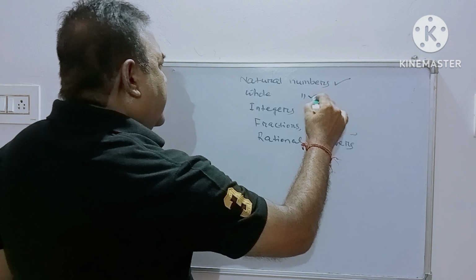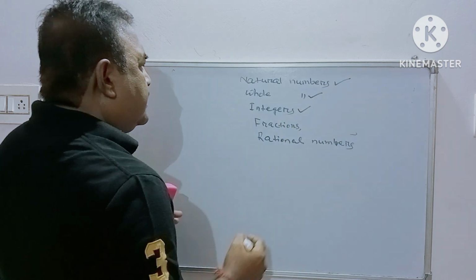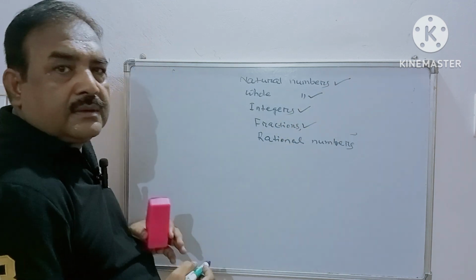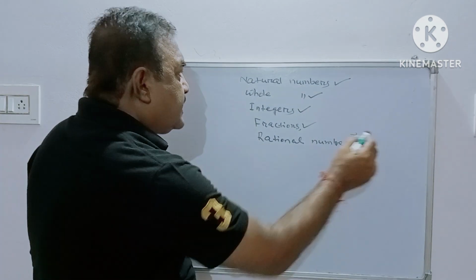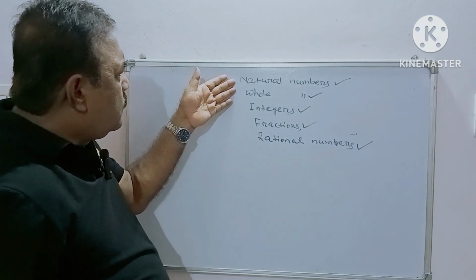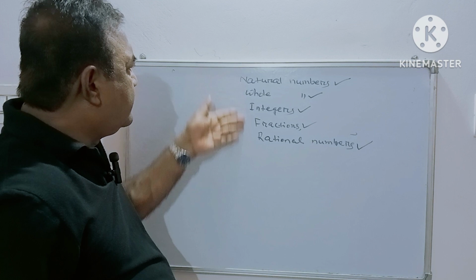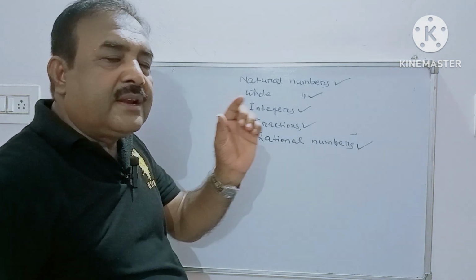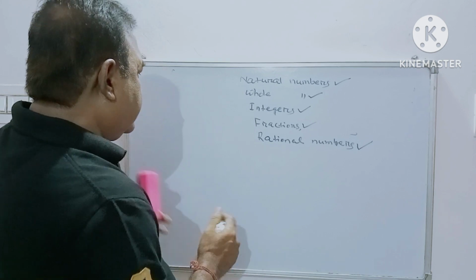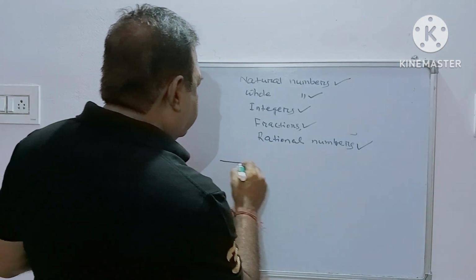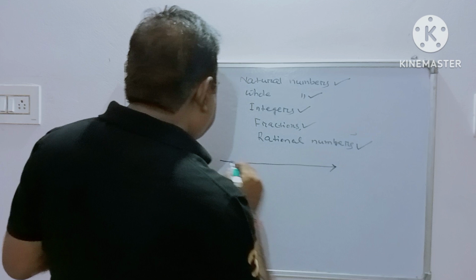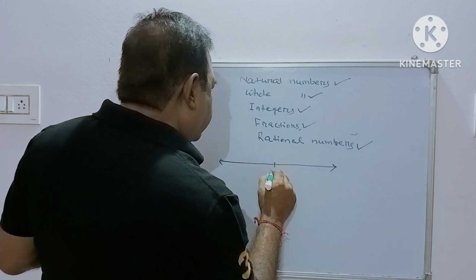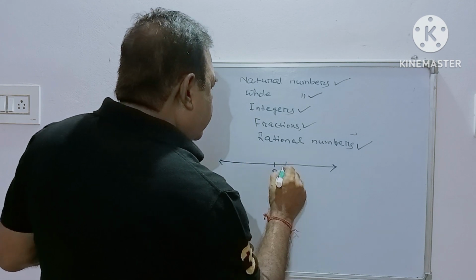And we could represent these numbers on the number line. 1, 2, 3, -1, -2, these are the unit distances.